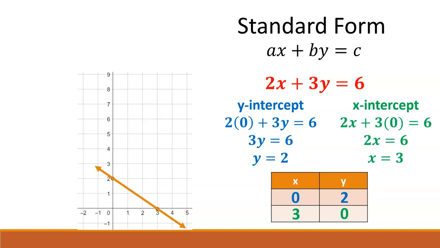And in this case, that's what happened. 2 is a factor of 6, and 3 is also a factor of 6. If that's not what you see in the equation, then those x and y intercepts will not both be integer values, and that may make graphing by finding intercepts a little bit trickier to do.